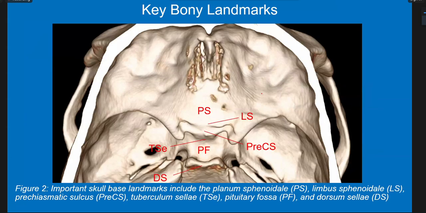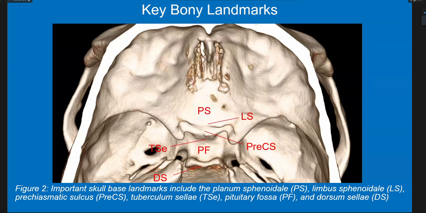So we'll look at the key bony landmarks. Again, like I said, in the anterior cranial fossa, the flat portion is the planum sphenoidale. You have the limbus sphenoidale, and here are the intracranial apertures of the optic canal. So you have the chiasmatic or prechiasmatic sulcus.